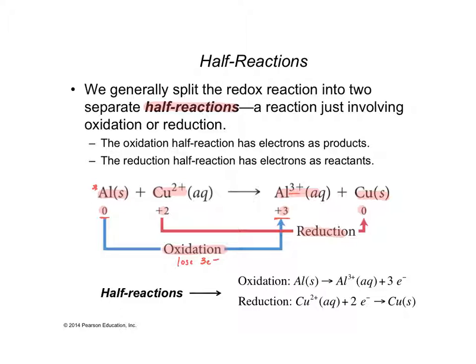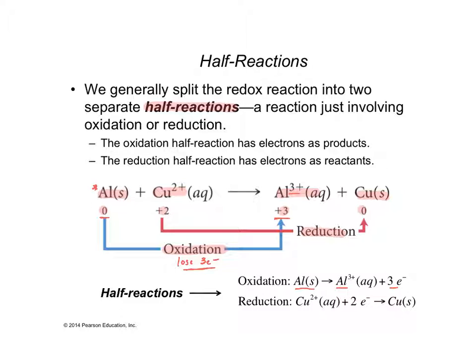Also note that in an oxidation, the overall chemical reaction is what produces the electrons, so for oxidations, we write electrons as products. The oxidation half reaction for this process would be aluminum going to aluminum 3+ and 3 electrons.